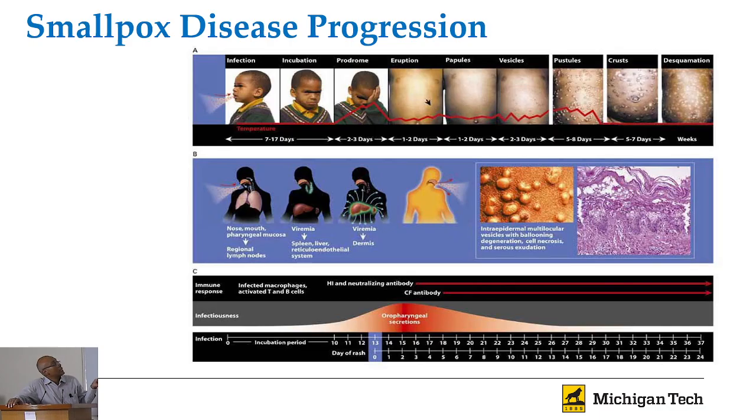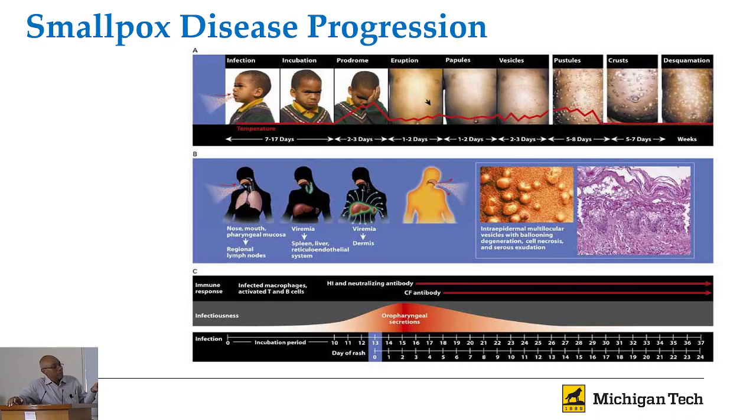So the virus goes in, and then the incubation is 7 to 17 days, and we talk about what incubation means. And then the virus grows, and then we see the symptoms. So it's a prodrome stage, which is 2 to 3 days, and then we can see the lesions in the skin.